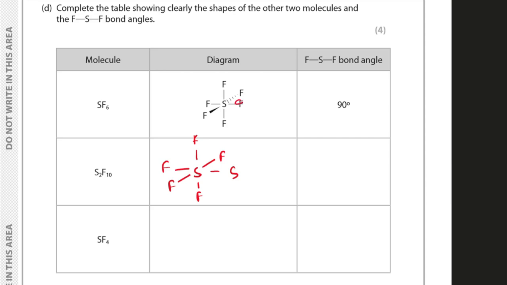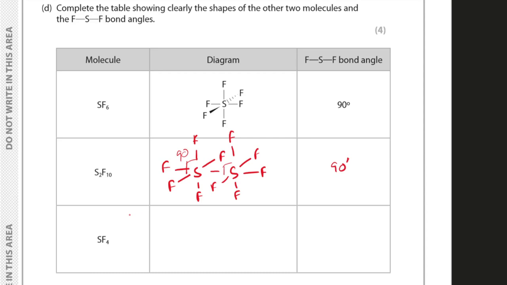And this F will go away where the S is connected, so we can cut the F down here and then connect another S, and repeat the same thing. This is our structure. So we have 2 sulfur and 10 fluorine, as we can see. And obviously we can clearly see the FSF bond angle is 90 degrees between them, so that would be 90 degrees.